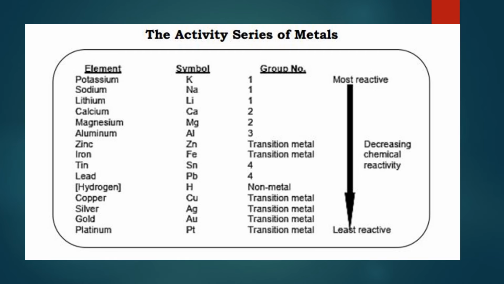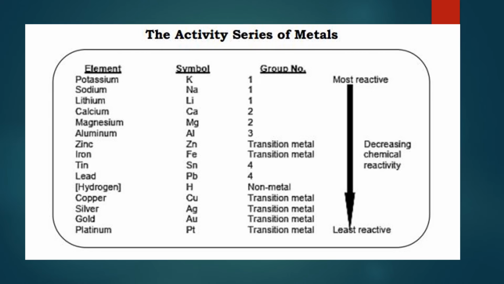If you notice the group number, if it's going in the right direction, it has lesser reactivity. It's the same way in these examples. Those at the top are in group number 1, most reactive, and then calcium and magnesium are in group 2. Below group 2, you have aluminum, which belongs to group 3.